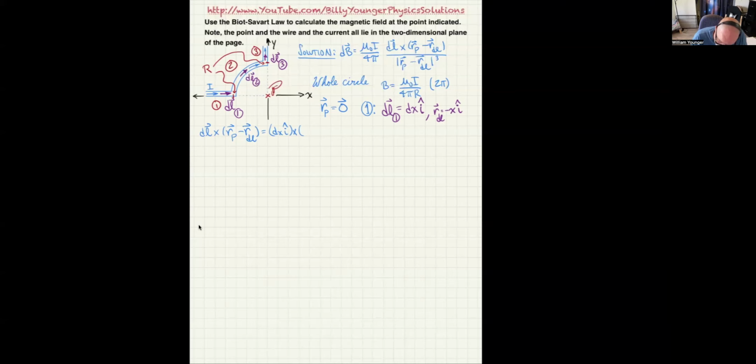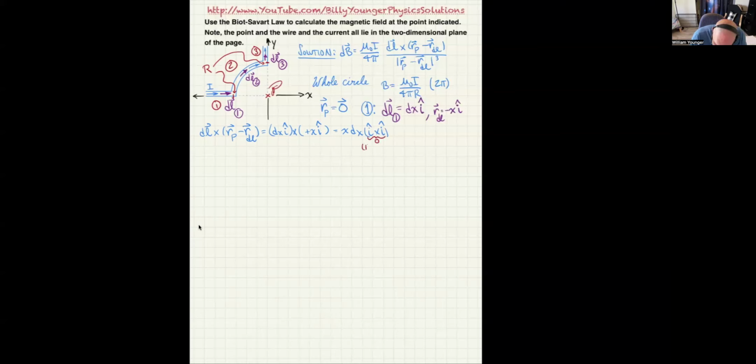So 0 minus negative x i hat would be positive x i hat. So when we take the cross product of those two, this becomes x dx i hat cross i hat. But of course, i hat cross i hat is just 0.